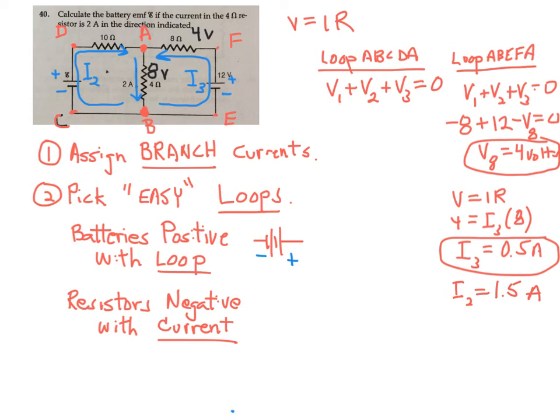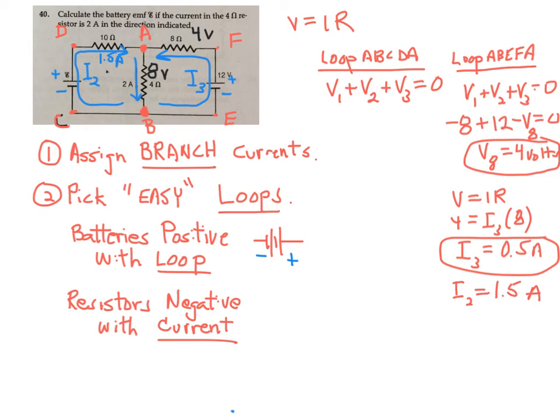I can go back to my original loop that I was going to apply the loop rule to, this loop over here where I was going to go from A to B to C to D to A, and add up my 3 voltages. Oh, let's do one more sub-calculation first. I know that the current in that 10 ohm resistor now is 1.5 amps. The I sub 2 is 1.5 amps.